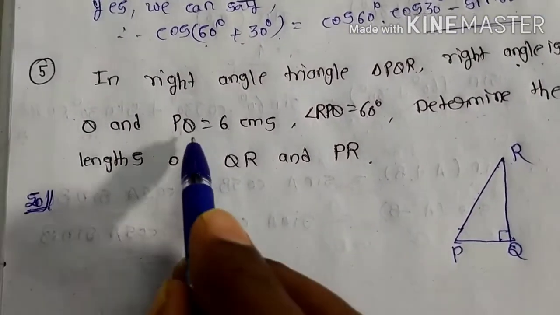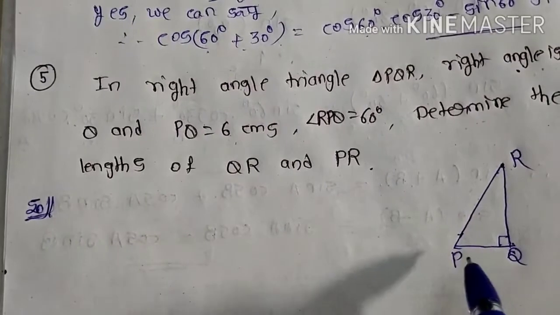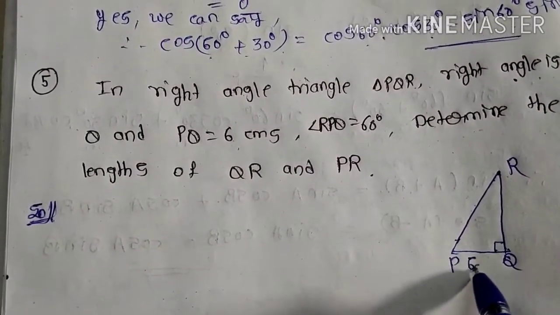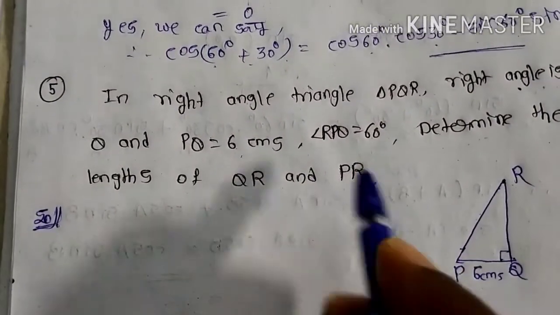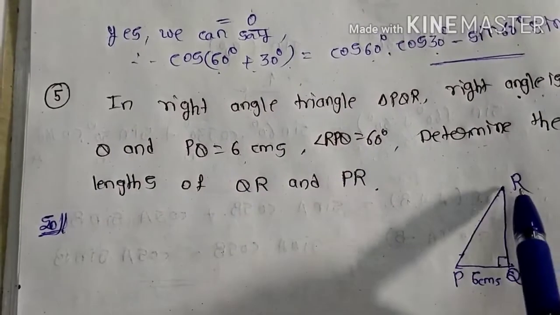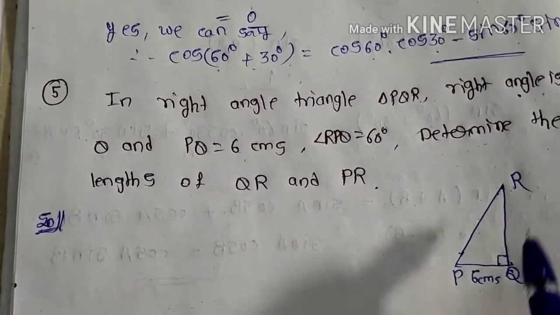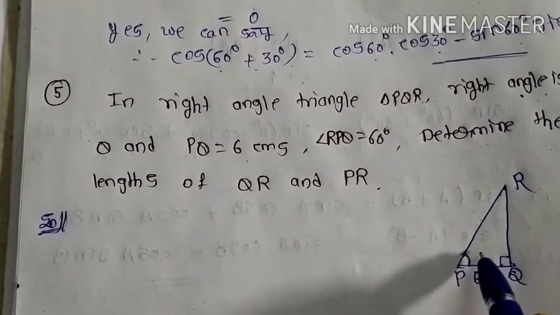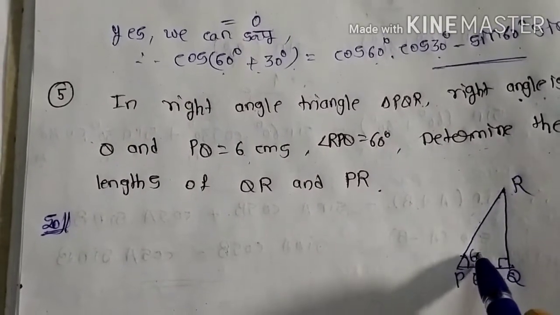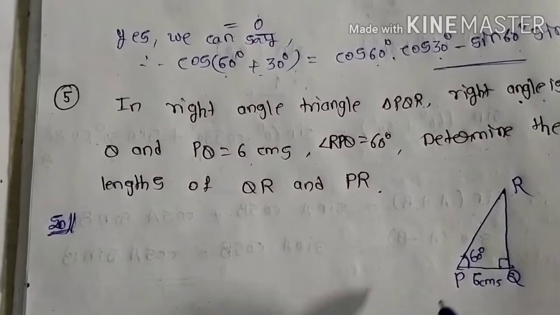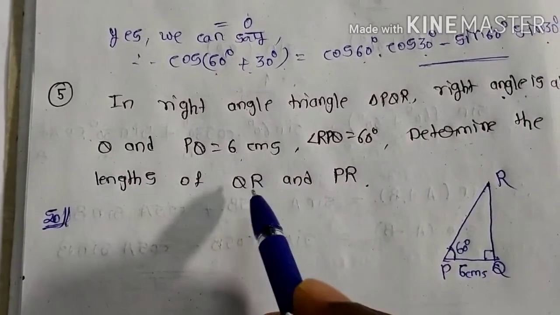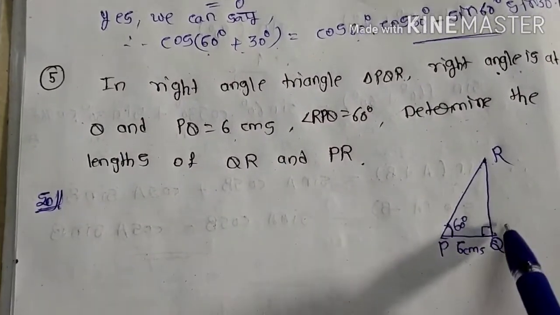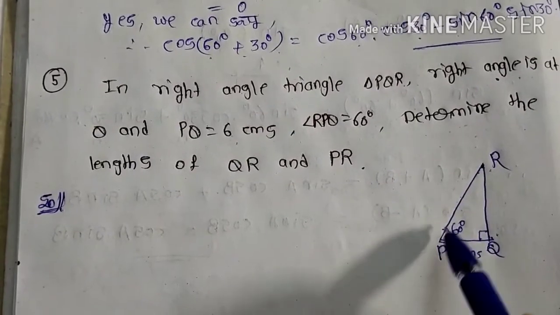See here, PQ is equal to 6 centimeters. Angle RPQ, that means this angle is equal to how many degrees? 60 degrees. Determine the lengths of QR and PR. We need to find here QR and PR.